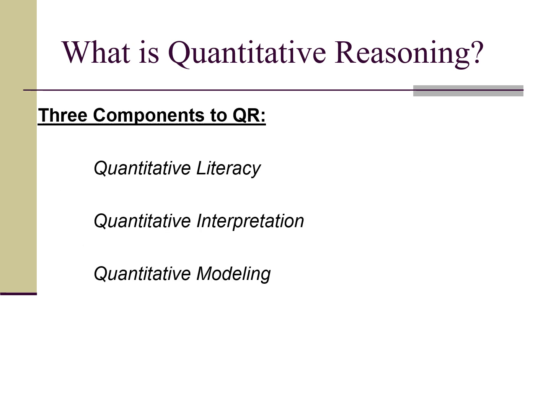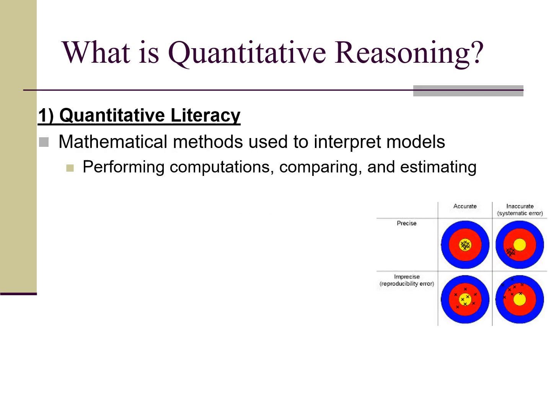There are 3 components to quantitative reasoning: quantitative literacy, quantitative interpretation, and quantitative modeling. So quantitative literacy is understanding the mathematical methods used to interpret models. So the ability to perform computations, to compare between different sets of information, and estimating statistics of interest for groups of data.